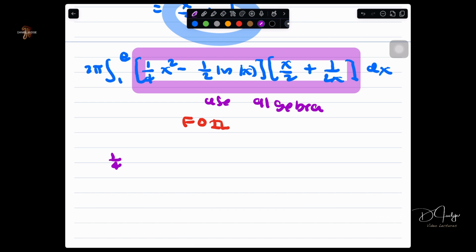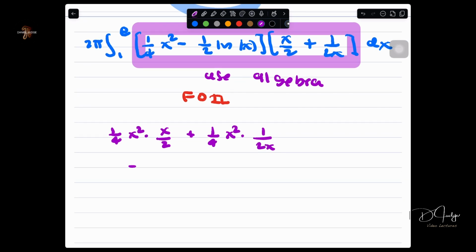First term, 1/4 x squared times x over 2. Now the outer term, 1/4 x squared times 1 over 2x. The inner term, minus 1/2 natural log x times x over 2. The last term, minus 1/2 natural log x times 1 over 2x.